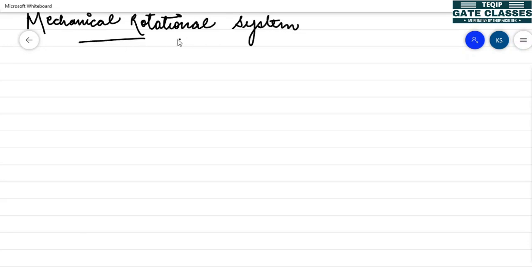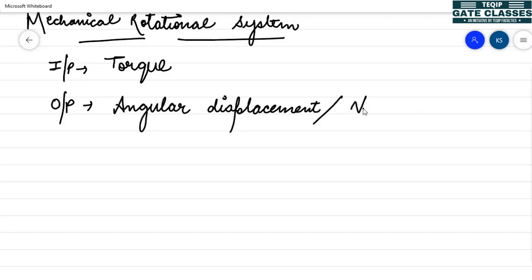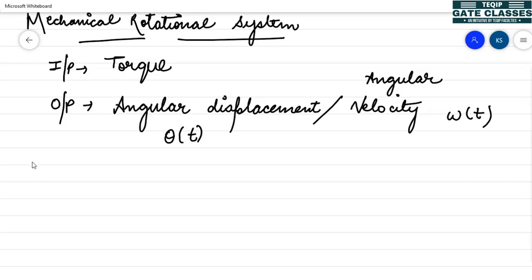In a mechanical rotational system, the input acting on the system is always torque, because we are talking about rotation, and the output is angular displacement, or you can say angular velocity. We represent angular displacement as theta(t) and angular velocity as omega(t).